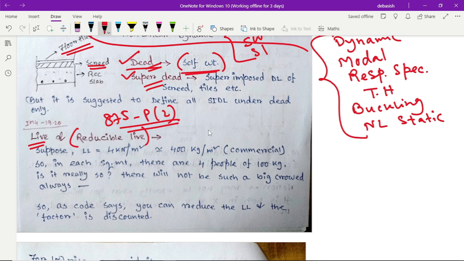Reducible live we use for buildings with more than 50 stories, or such high-rise buildings. The code allows us to deduct some percentage of live load for them. But for small structures such as G+5, G+6, we do not consider reducible live. We will consider the full live load.